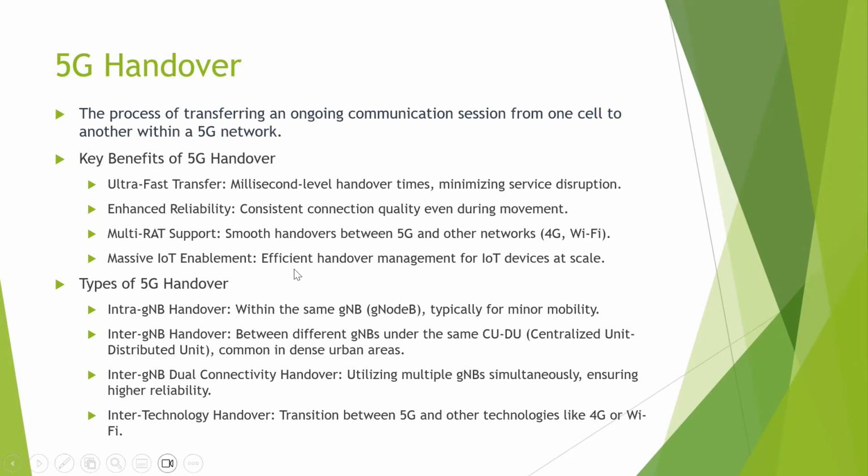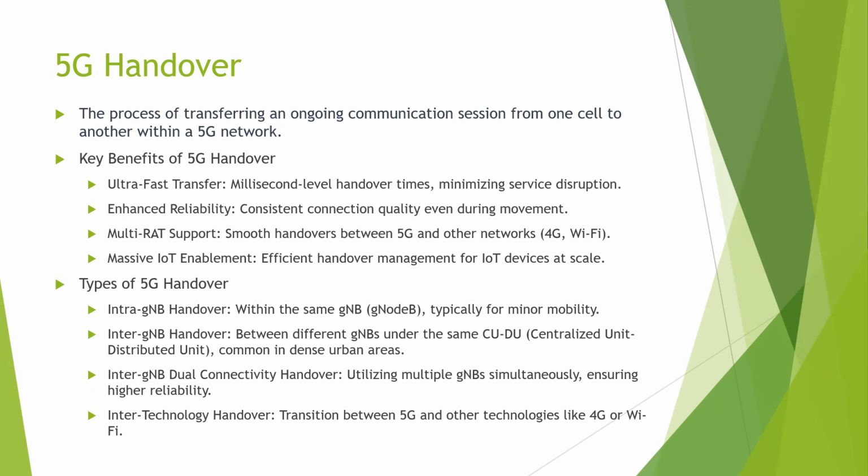The types of handover are: intra-gNB, which is within the same gNB, typically minor mobility. Another one is inter-gNB handover, which is between different gNBs under the same CU and DU, so again central unit and distributed unit, and common in dense urban areas.